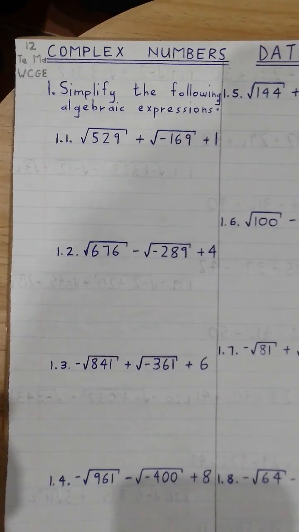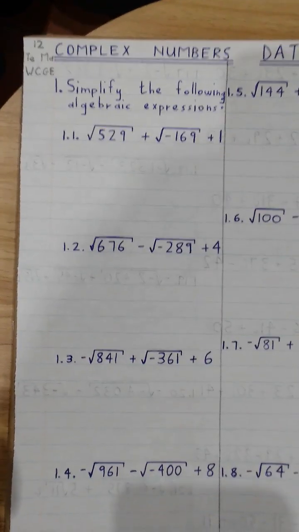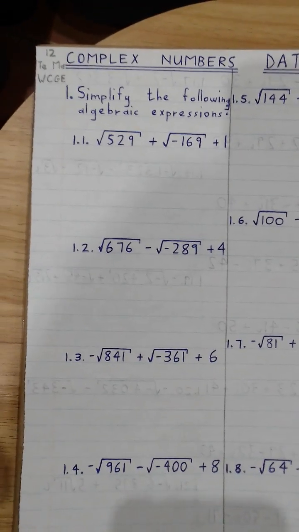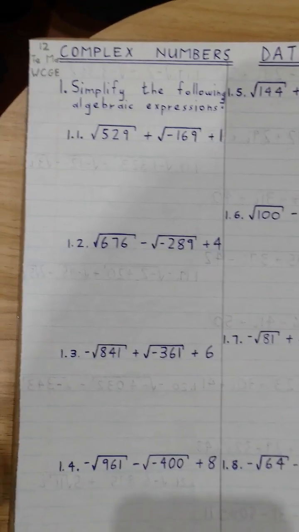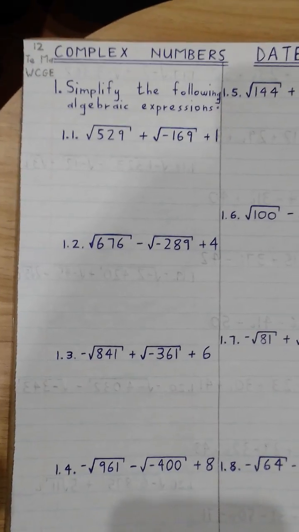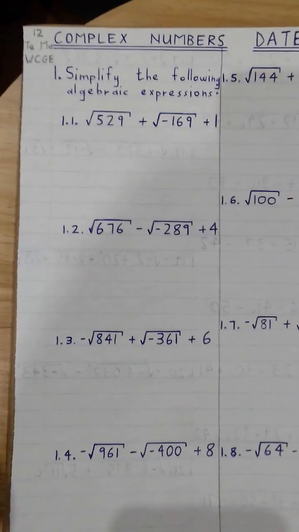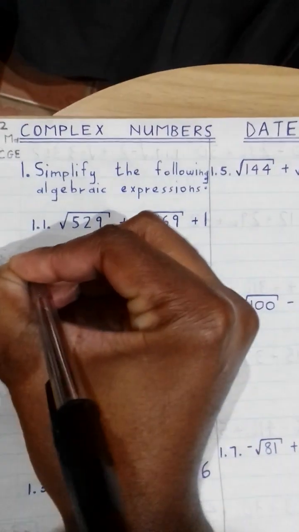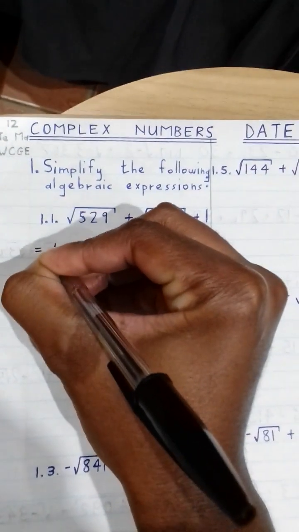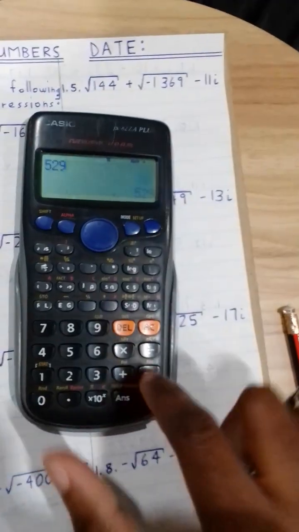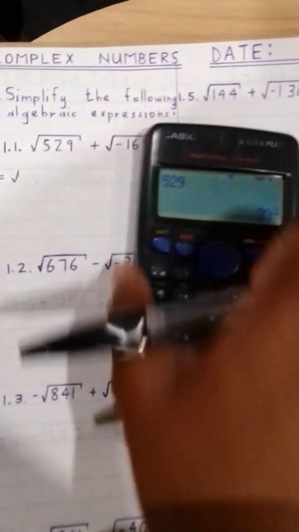So number 1 states, simplify the following algebraic expressions. 1.1 we have the square root of 529 plus the square root of negative 169 plus 1. So this is going to be 529, it's 23 squared.